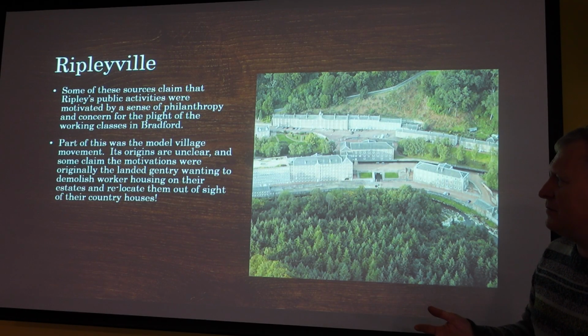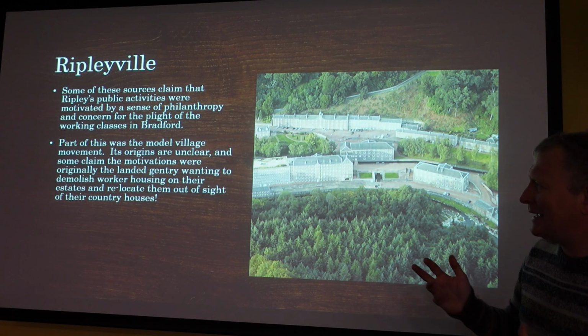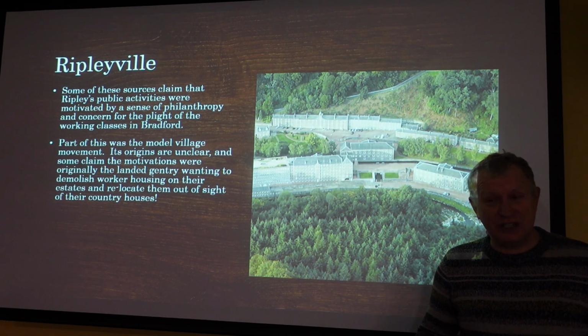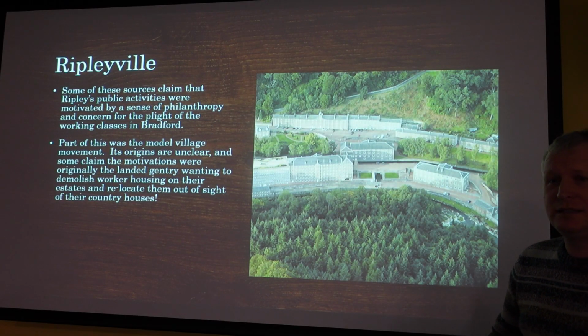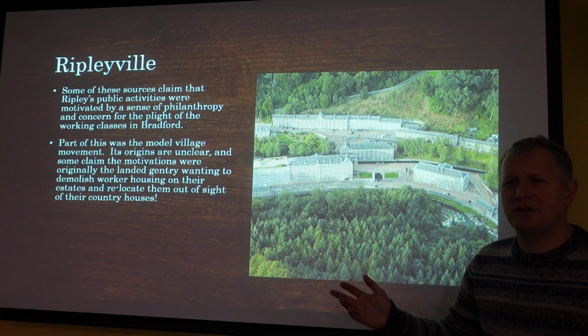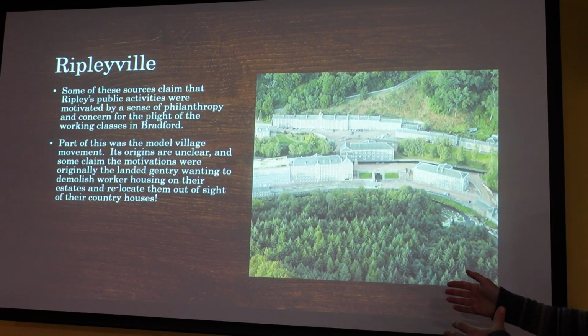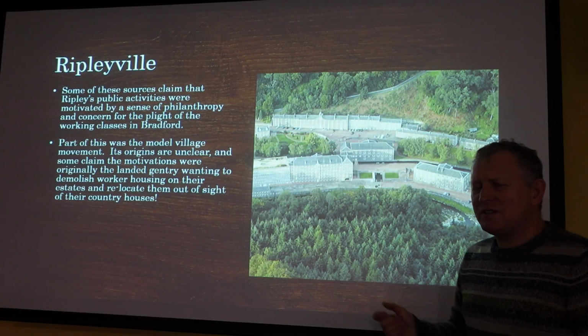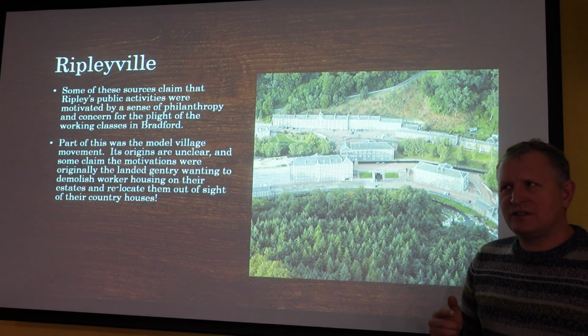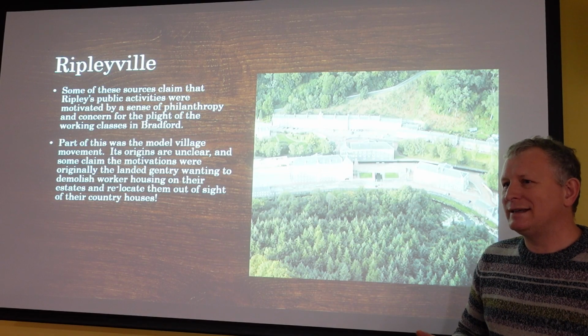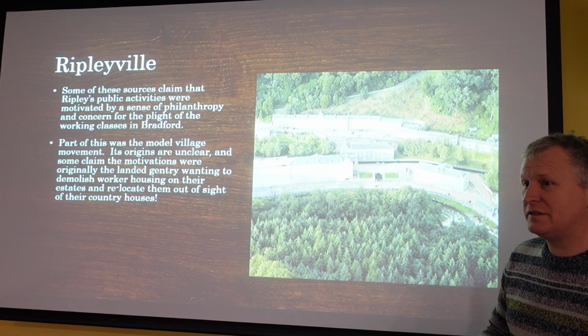Now, the origins of the movement are not entirely clear. There's some people that say they started with the landed gentry, who basically decided to demolish houses on their estates because they spoilt the view from the manor house, and then they just rebuild them somewhere that you couldn't see. Which is something I actually touched on in the first session, the Longlands session, when I talked about the different reasons why neighbourhoods and villages have disappeared over the centuries.